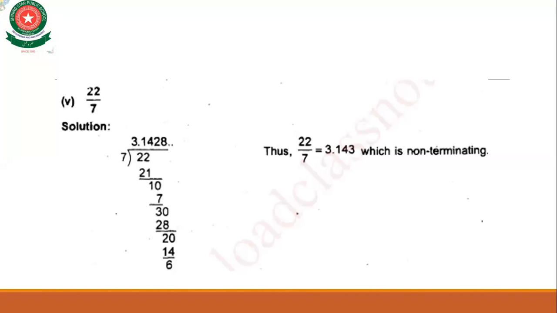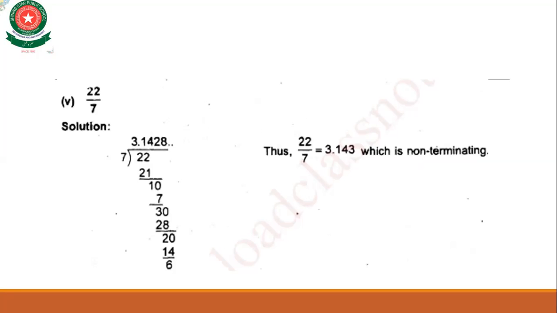Then again 3 is less than 7, so we will add 0 again, and 7 4s are 28. The remainder will be 2, and the equation will go on, which is also a non-terminating decimal fraction.